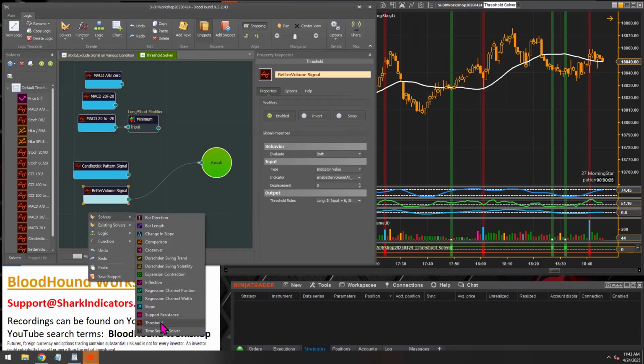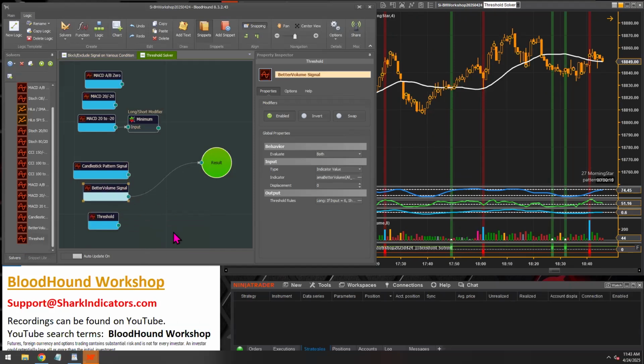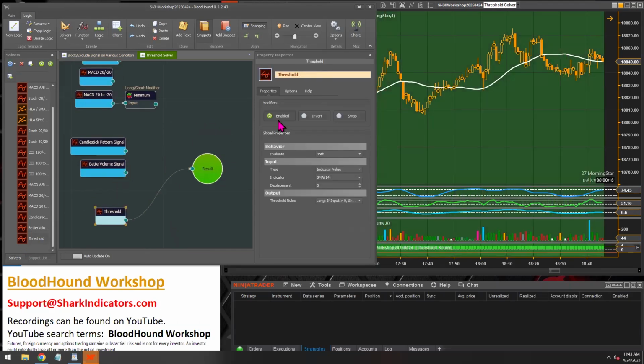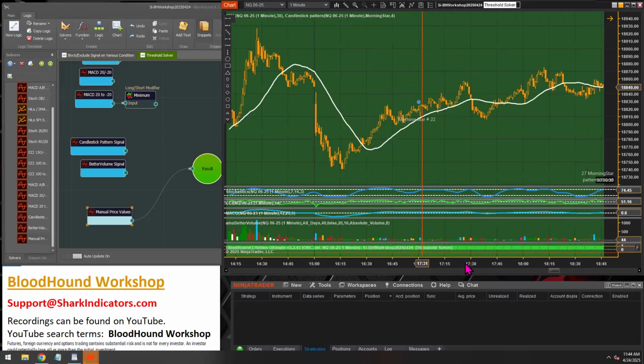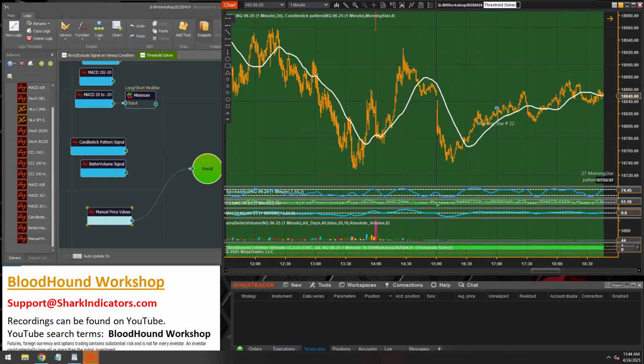So with the threshold solver, we can input our own manual price values here. So we're going to change the input now to price. We want to know if the market is above or below some certain level here, and I'll have to find something that kind of works.